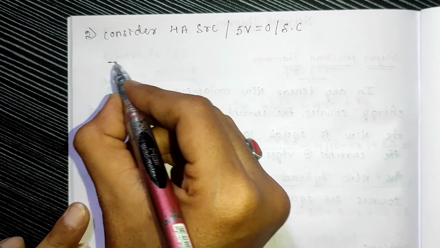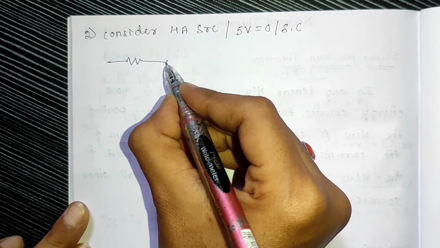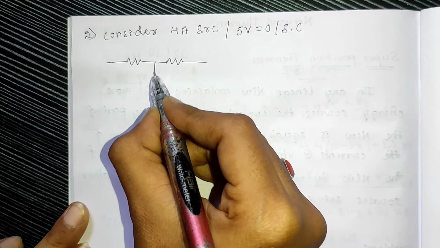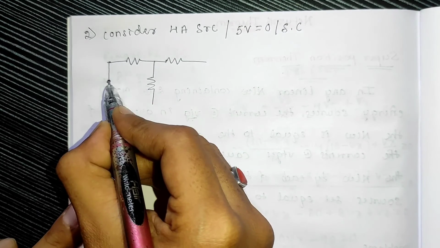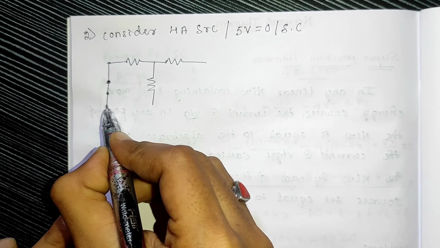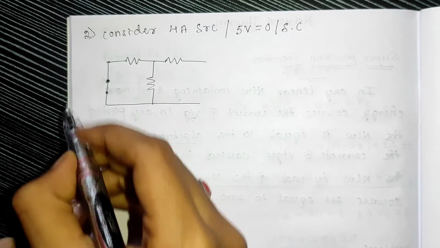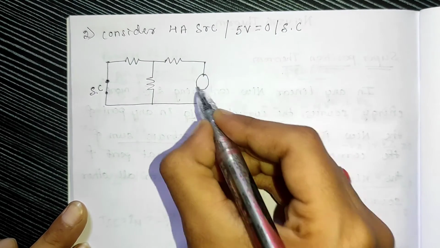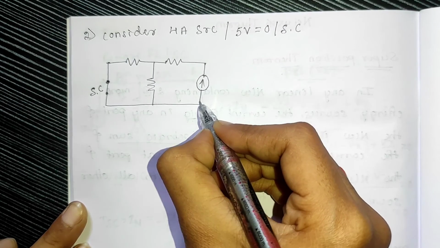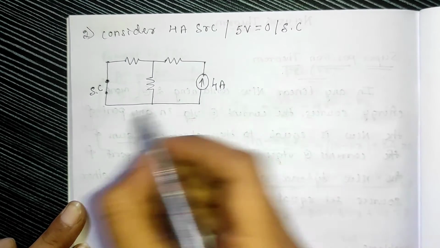Okay. So here the voltage source, short circuiting it. 4 ampere current source.